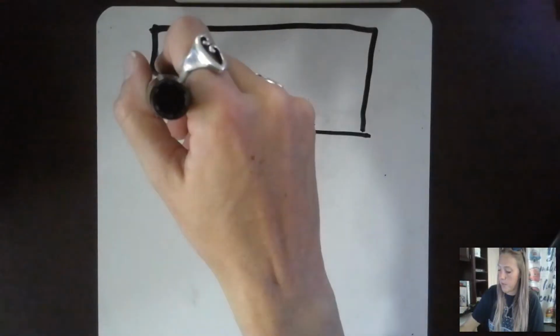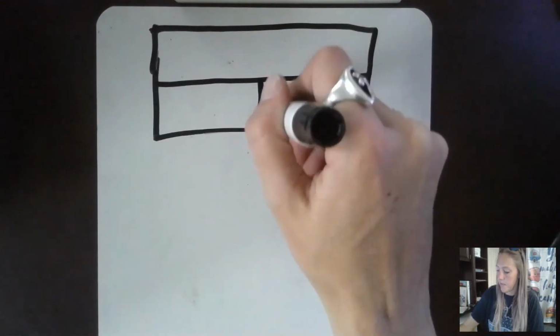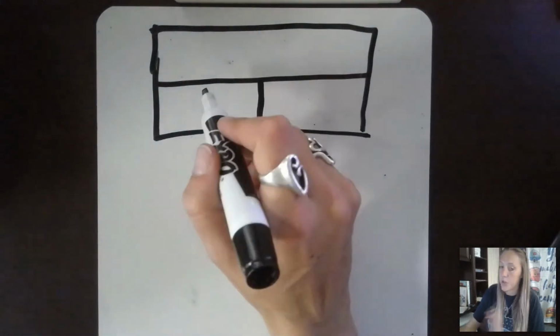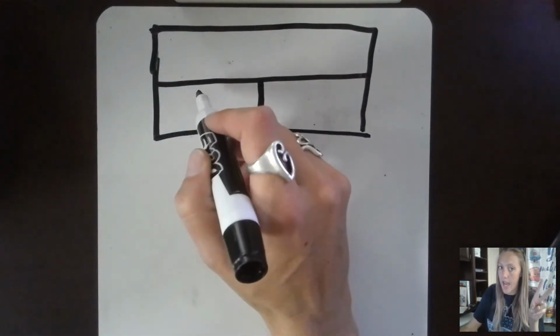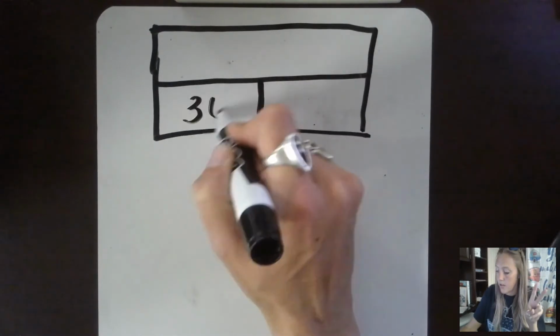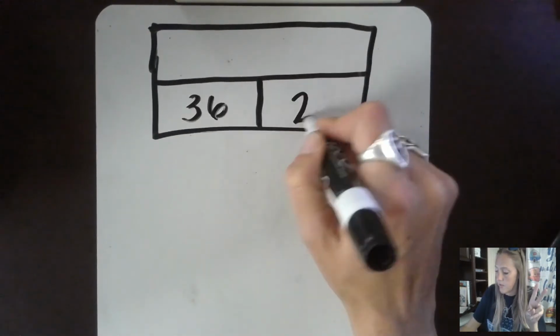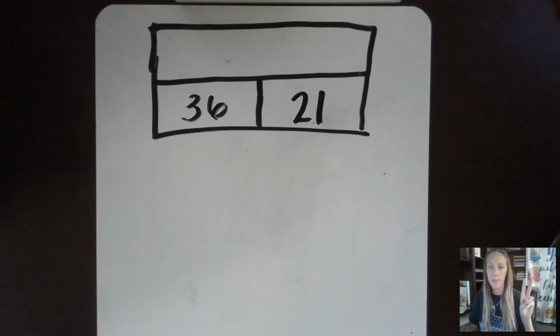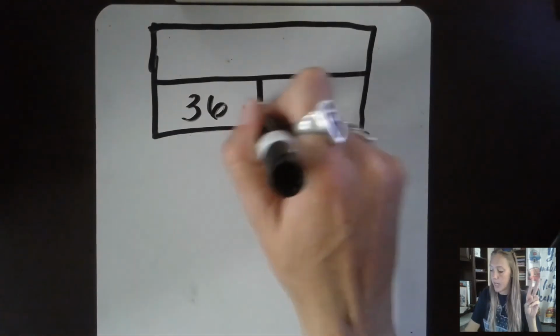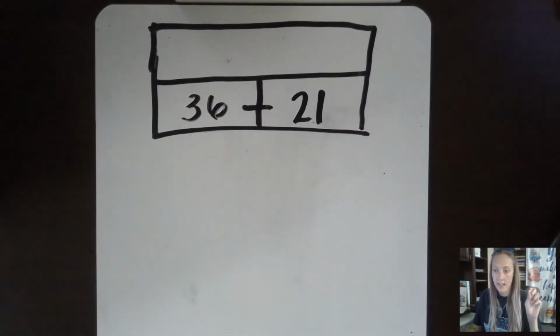I'll give you my parent number, or sorry, children numbers. I'm going to give you two children numbers. We're going to add first. Okay, so if they're side by side, we add.